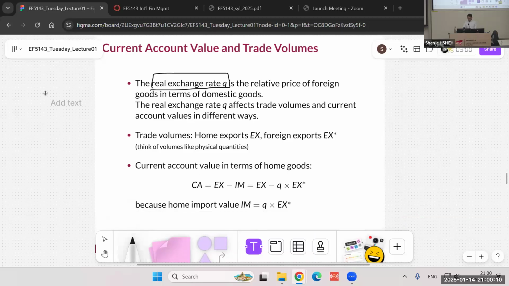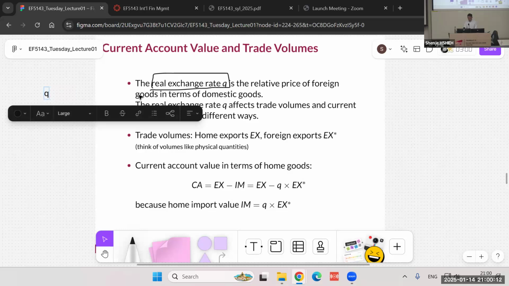Okay. So the real exchange rate is designated using the Q variable, and it represents the ratio between price levels multiplied by the exchange rate. So Q equals E times P star, the foreign price level, divided by P, the domestic price level.